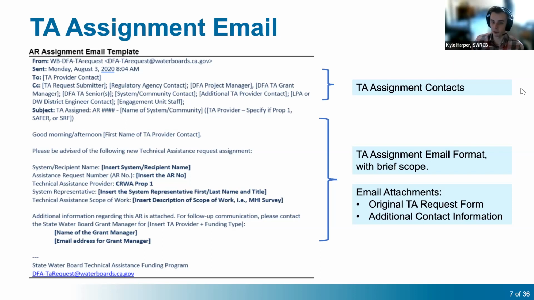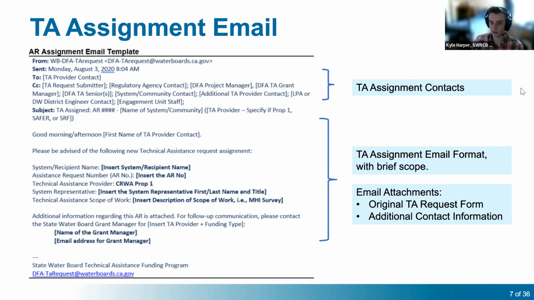This is the actual person that will accept or deny the request. Now the CC list is a bit longer. This typically includes the DFA TA seniors, the DFA TA grant manager for that specific TA provider, and the system or community contacts. And then the next few contacts vary depending if the TA request is drinking water or wastewater.